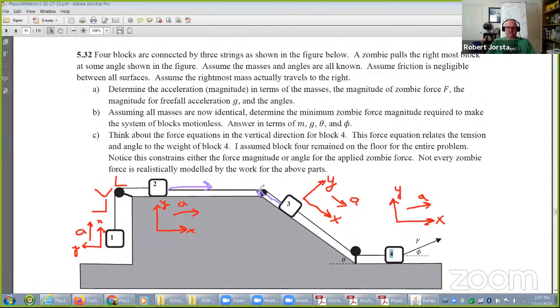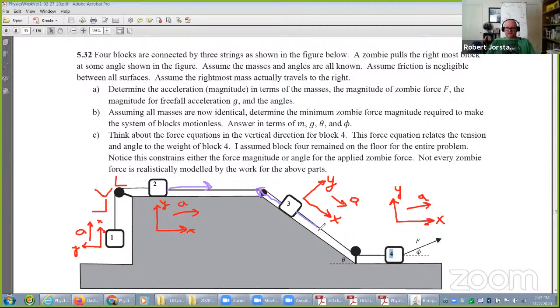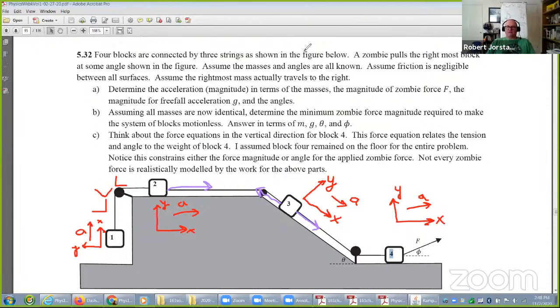Are those going to be the same? If you had to assume. I would assume yes. How about this tension? Would that be the same? I would assume the tension's the same on all the string. That would be wrong. So different strings can have different tension.